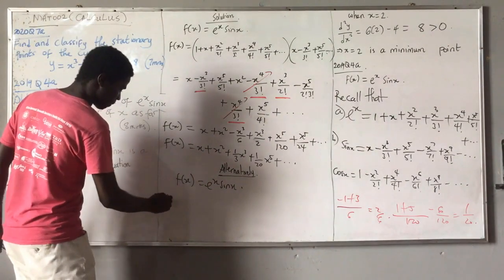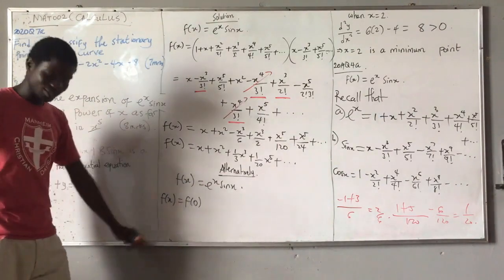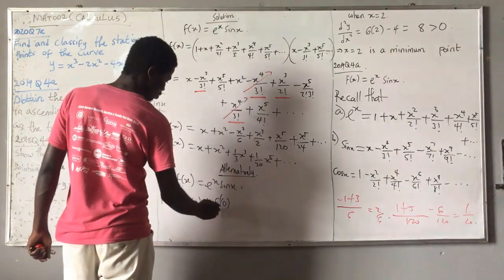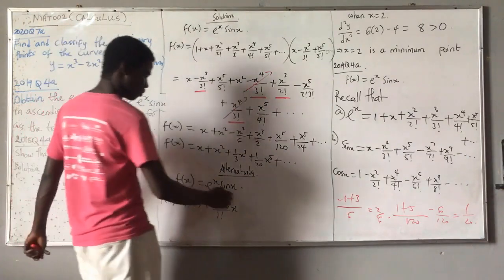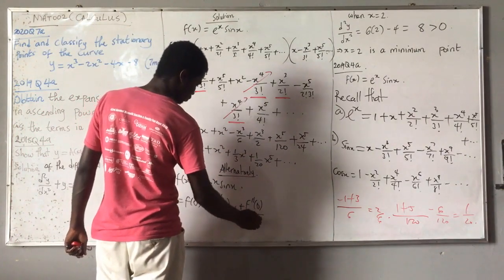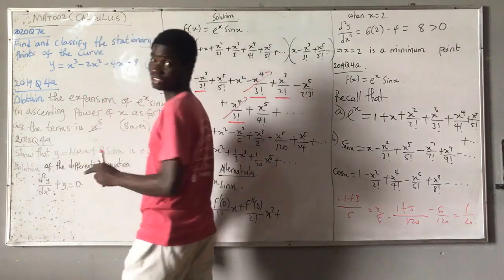f of s will be equal to f of 0. That's the first thing you write. Plus f prime of 0 over 1 factorial s. Do you see that? Plus f double prime of 0 over 2 factorial s squared. And don't forget, we are going to s raised to power 5.